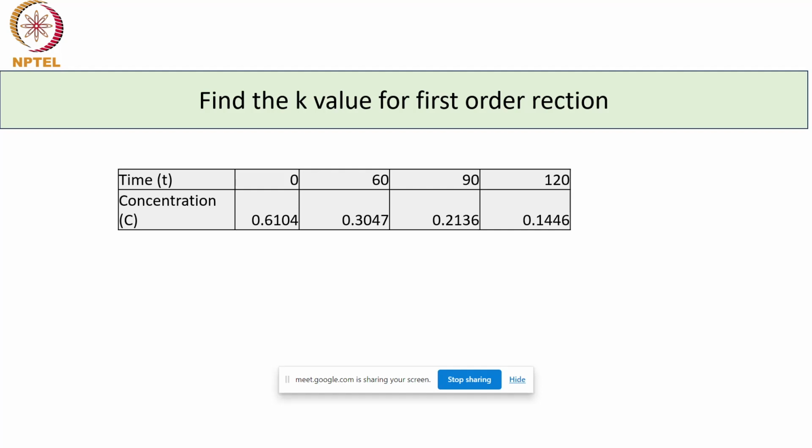With respect to time, as the degradation is happening, the concentration is coming down. If you see, as the time increases, the concentration decreases. At the end of 120 minutes, it's going to be 0.1446. It is decreasing like this. So now what you have to find is, assume this degradation follows first order kinetics.